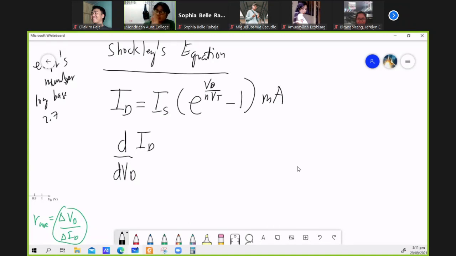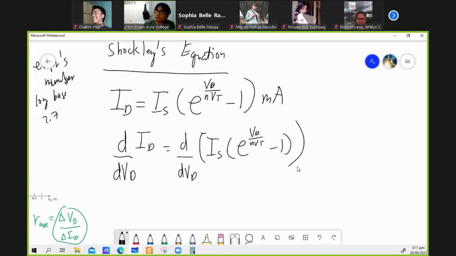So kung kukunin natin ang derivative ng I sub D sa left side ng equation, syempre kailangan din natin kunin ang derivative ng right side ng equation. So we have derivative of I sub S times e raised to VD over nVT minus 1.